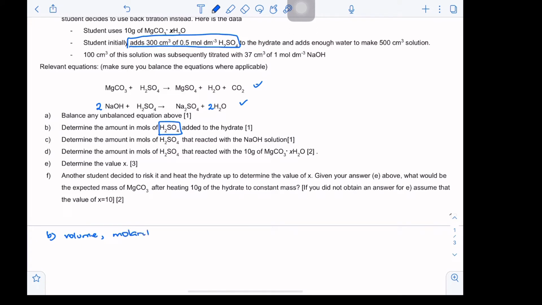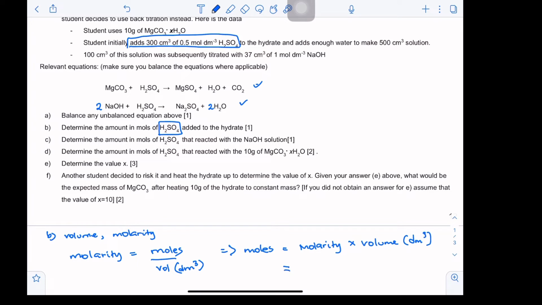So to calculate moles, we use the formula molarity equals moles over volume in dm cubed, which implies that moles equal molarity times volume in dm cubed.